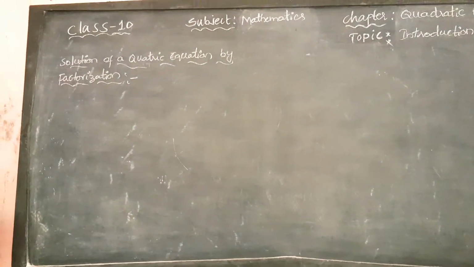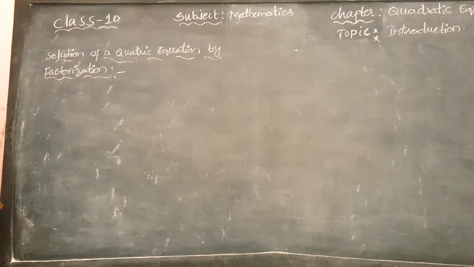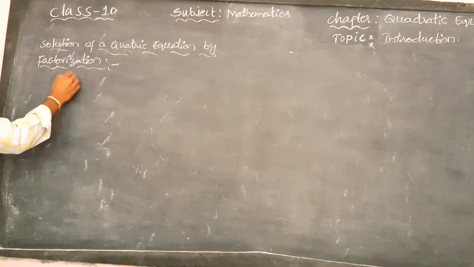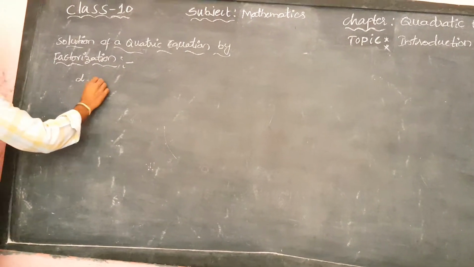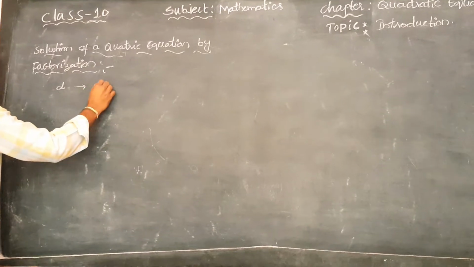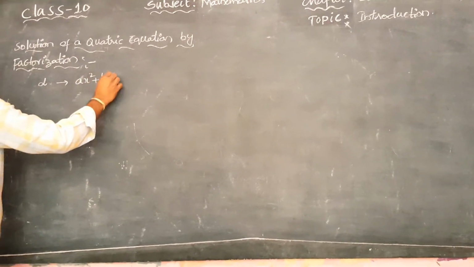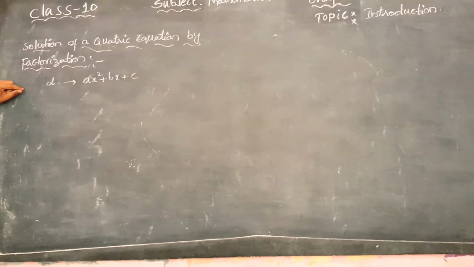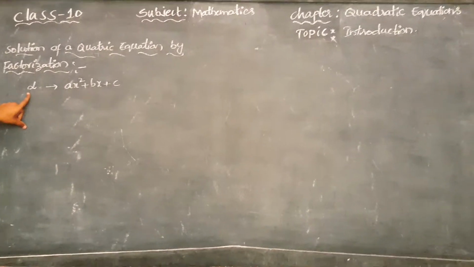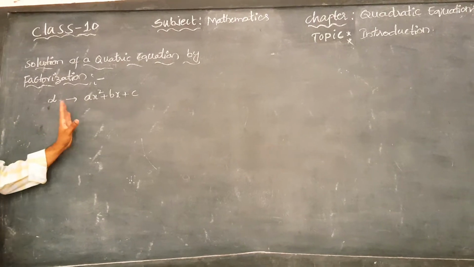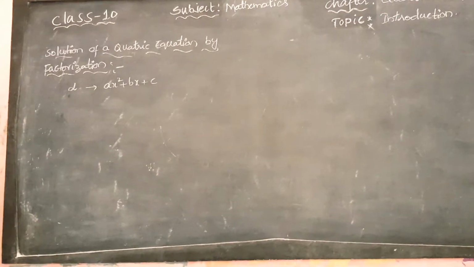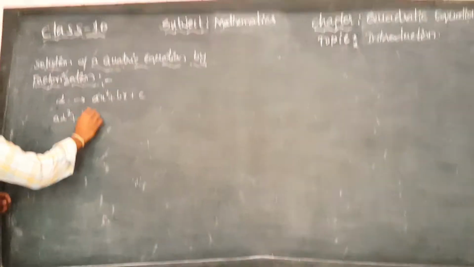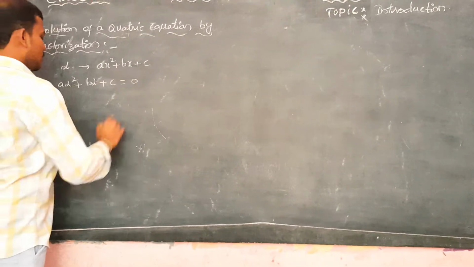Solution of a quadratic equation by factorization. A real number alpha is said to be a root of the quadratic equation ax square plus bx plus c if a alpha square plus b alpha plus c is equal to 0.